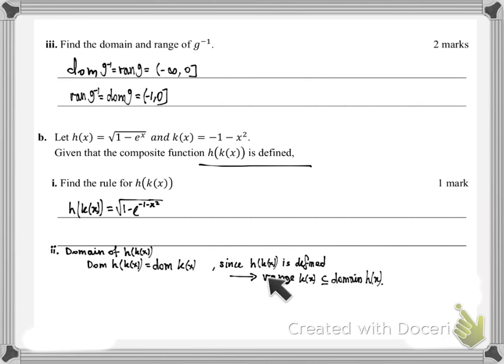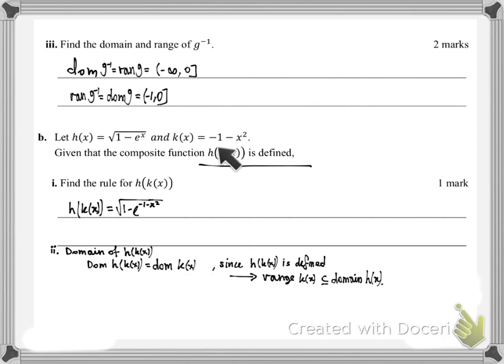And it exists, it's defined when the range of the inside function is a subset of the domain of the outside function, h of x. So when that occurs, and we're told that happens because the function was defined itself, then the domain is simply this relationship here. We just need to consider the domain of the inside function, this k of x.